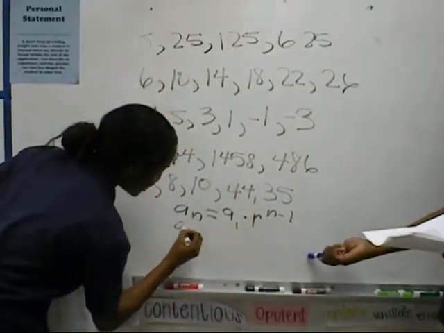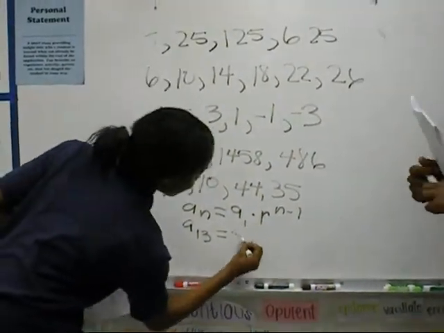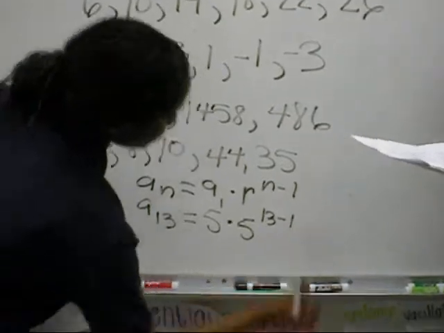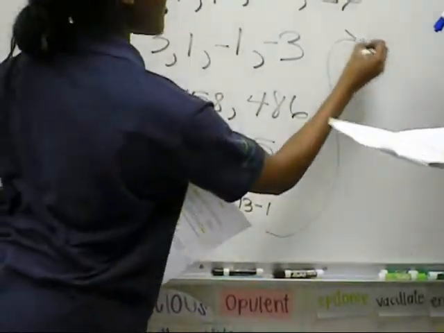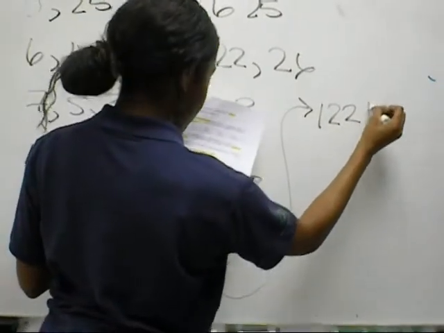We're looking for the 13th term, so it'll be A13 equals A1, which is 5, times R, which is 5, to the 13 minus 1. And that all equals this really big number.